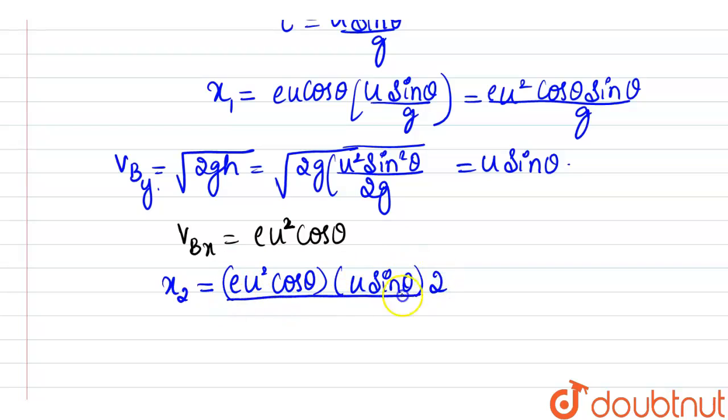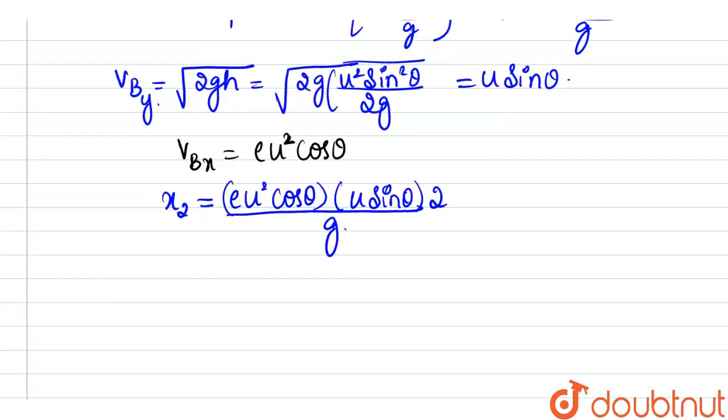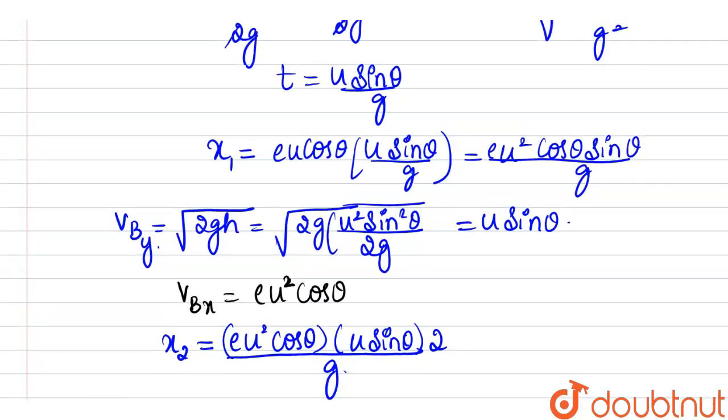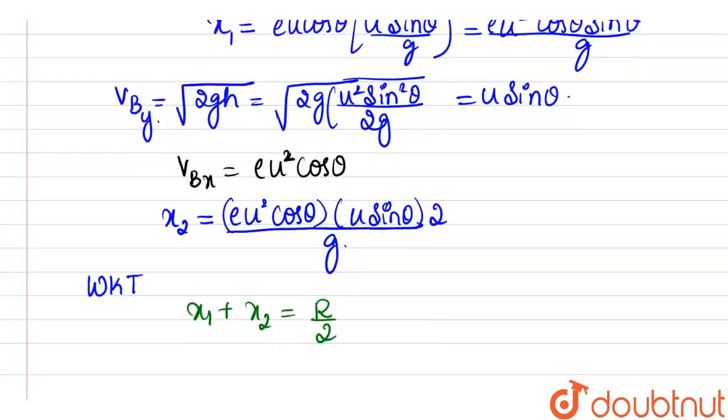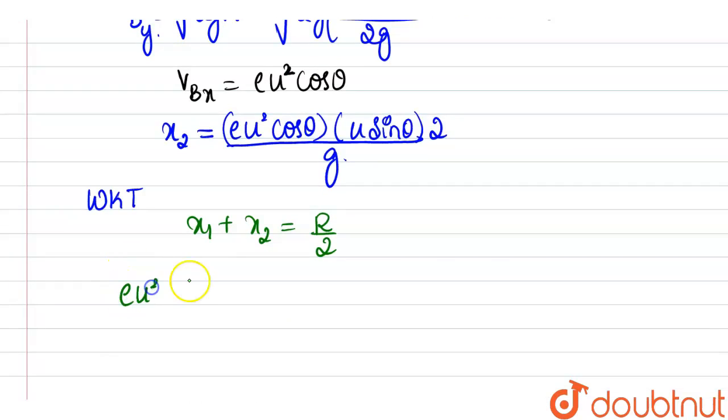Therefore we know from the figure that x1 plus x2 should be equal to R divided by 2. So let's substitute. x1 is e u squared cos theta sin theta by g. Now here there is a square, here there is a square.